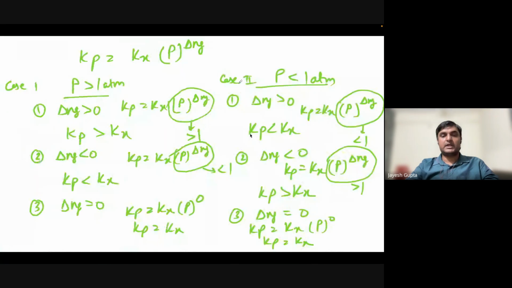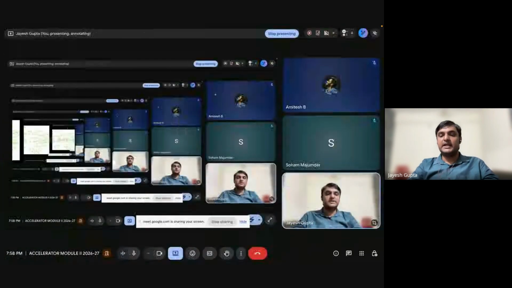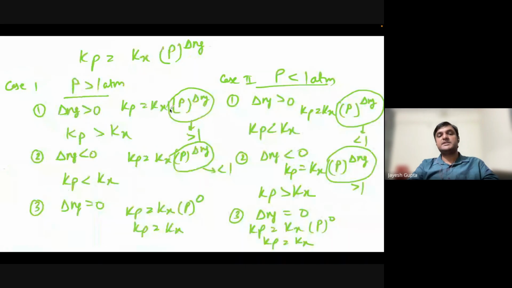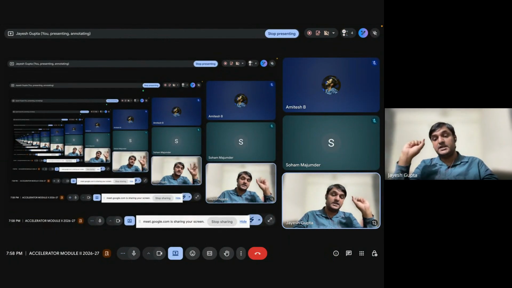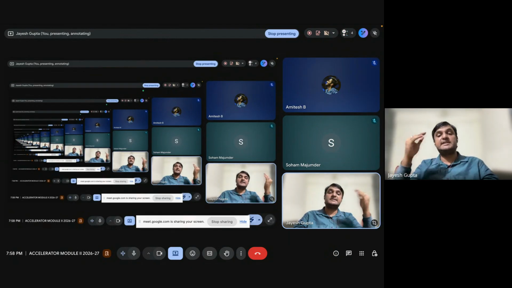So okay. Here also we have to see different cases: in which case Kp will be greater than Kx, in which case Kp will be less than Kx, and in which case Kp will be equal to Kx. Since here we are involved with P to the power delta ng, your pressure value can be less than 1 atm also, it can be greater than 1 atm also.